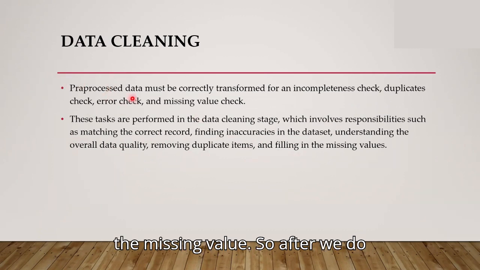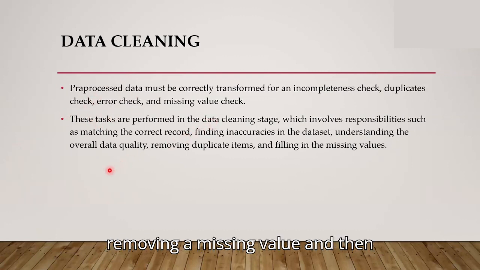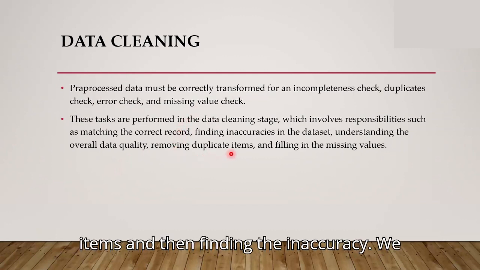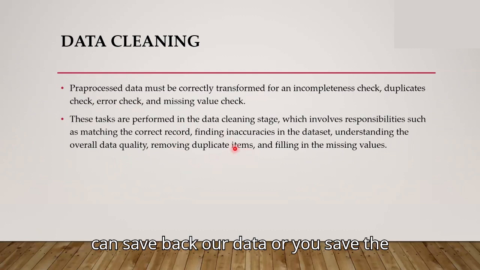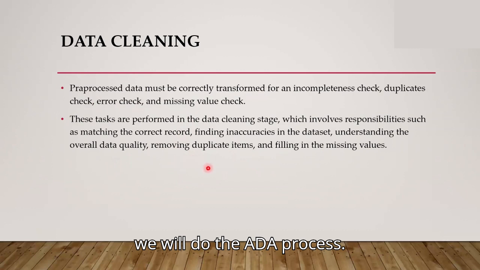So after we do all of these steps, such as removing missing values, fixing duplicate items, and finding inaccuracies, we can resave the data, and then we name it as the cleaned data. So after we clean the data, we will do the EDA process.